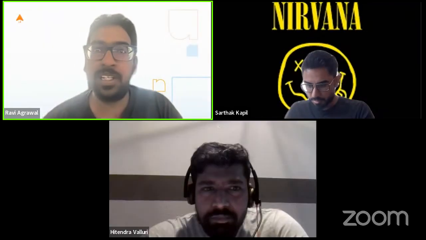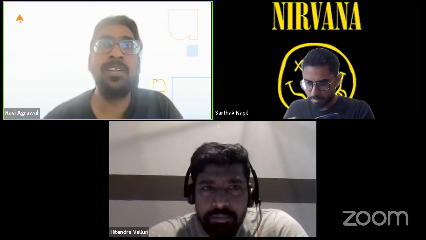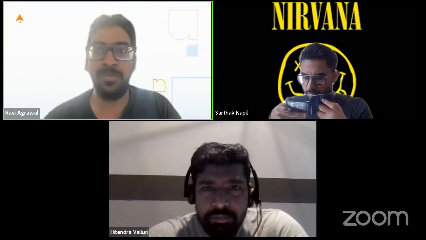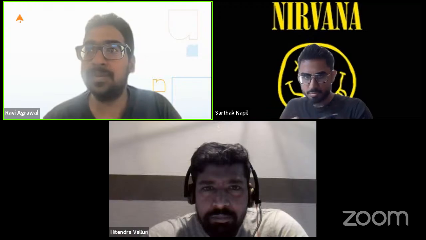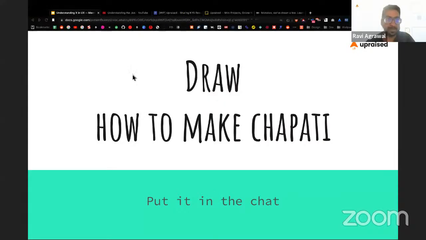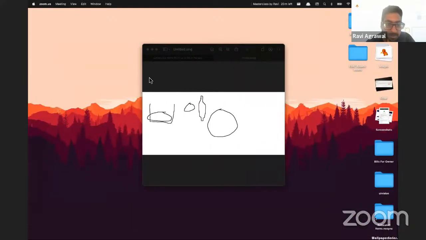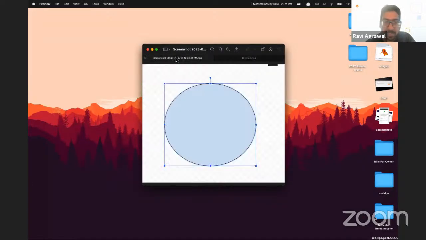I'll share my whole screen so that you can see the drawings that are coming in. All right, so this is what Komal had to share with us, how to make chapati.